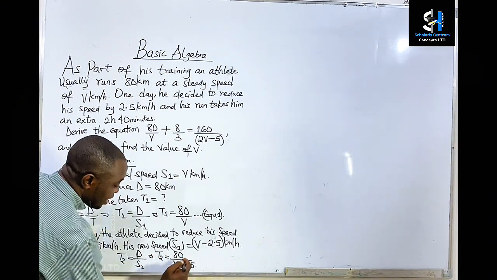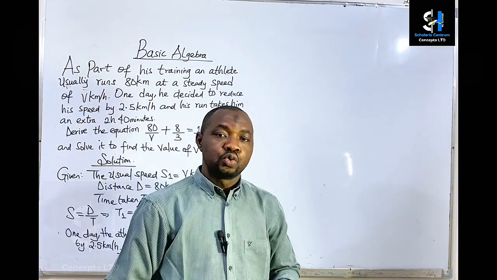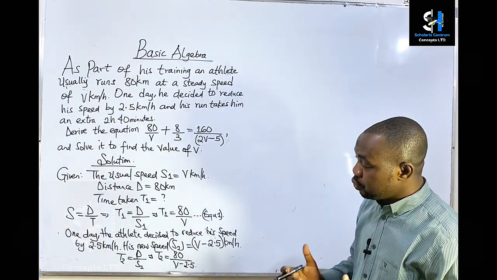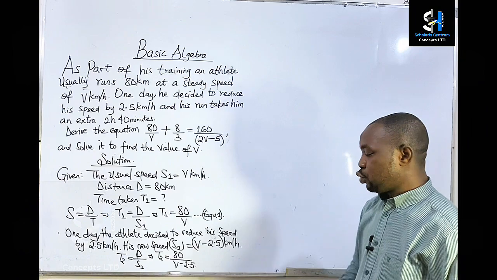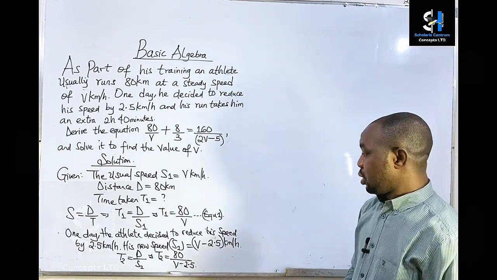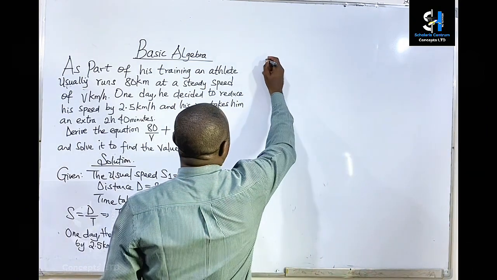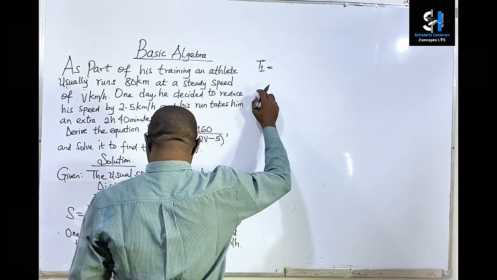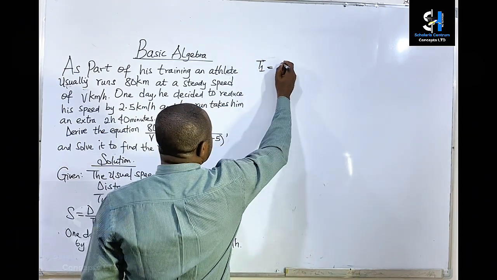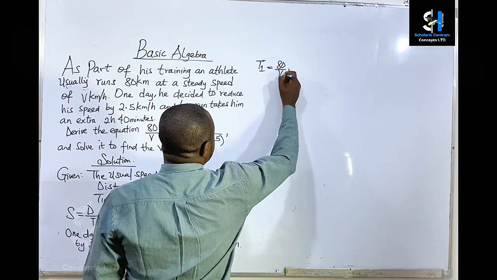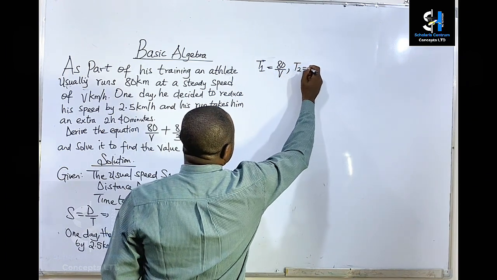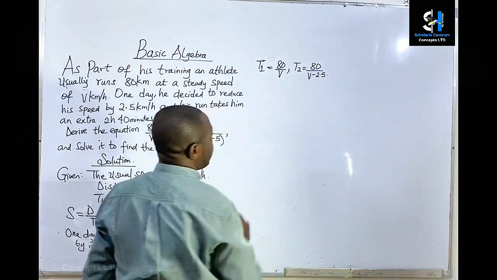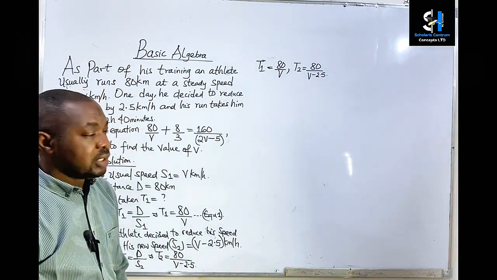This is the time it takes the athlete to run 80 kilometers at a reduced speed of V minus 2.5. So we know T1 is equal to 80 divided by V, then T2 is 80 over V minus 2.5.